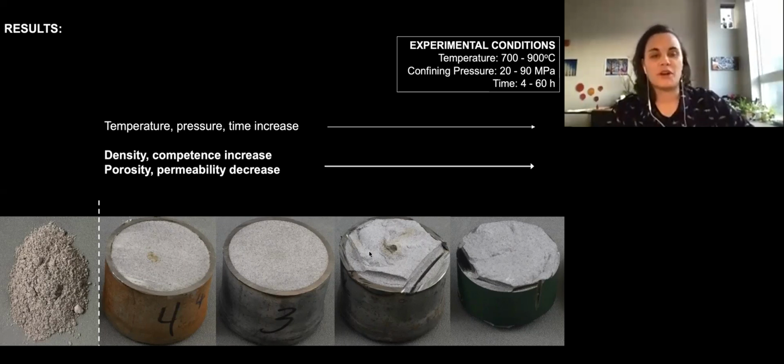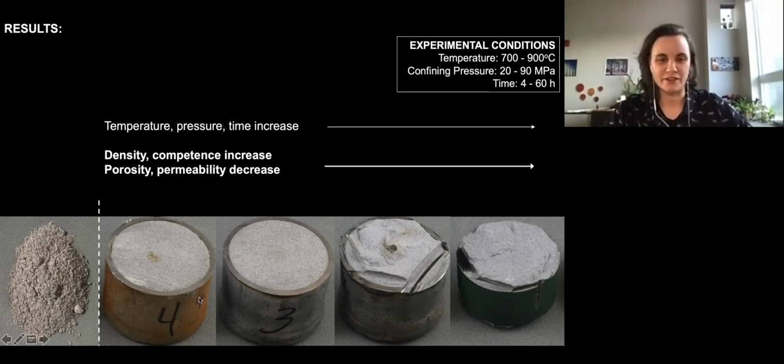I'll be showing you quantitative density, porosity, and permeability data in a second, but to speak to the question of what I mean by competence, I want to describe something about the mechanical properties of these materials. Unfortunately, I wasn't actually able to measure their strength because of the size and preciousness of these samples. So all I've got are very qualitative data.